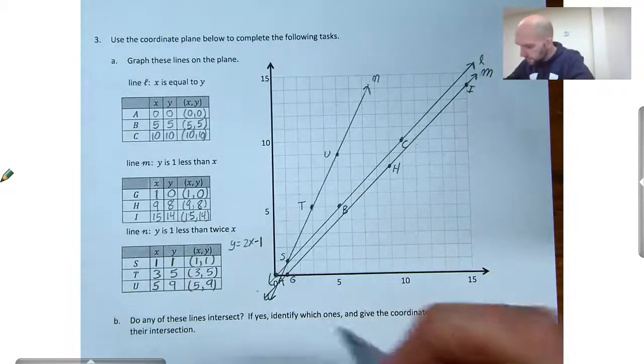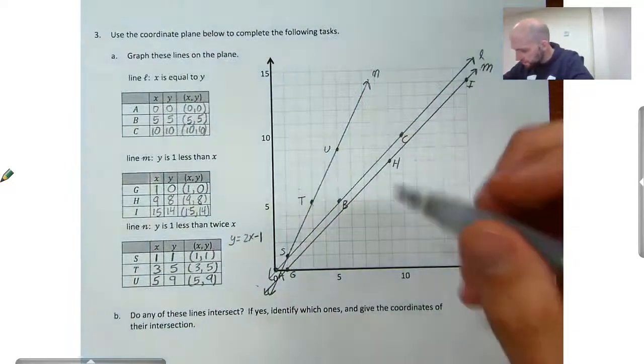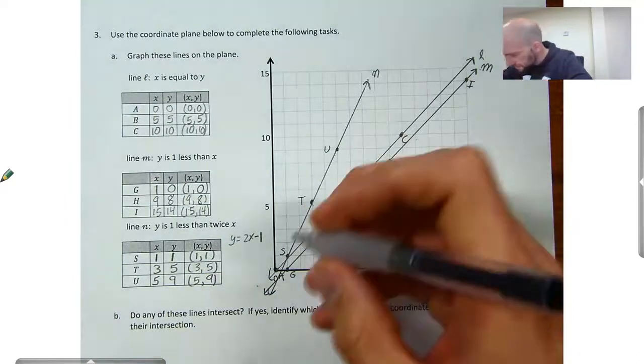All right, and then do any of these lines intersect? If yes, identify which ones and give the coordinates of their intersection.